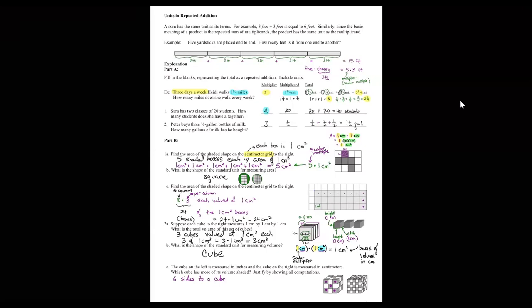And that's true in both cases. All right, so that's just a fact. For the larger cube, the cube on the left, we have a total of 5 shaded cubes per side, each valued at 1 cubic inch.